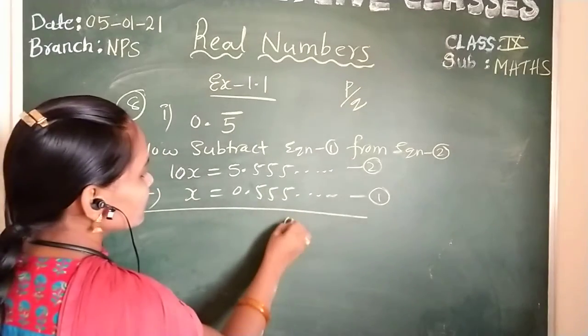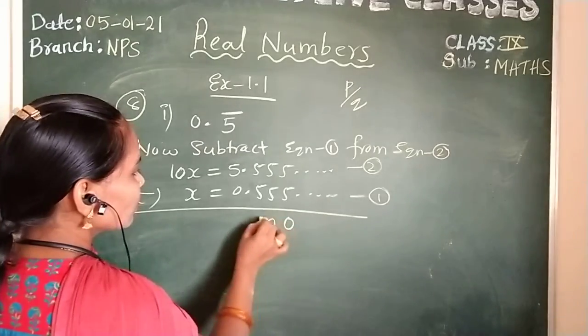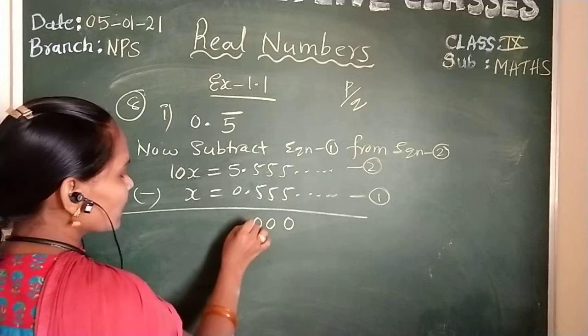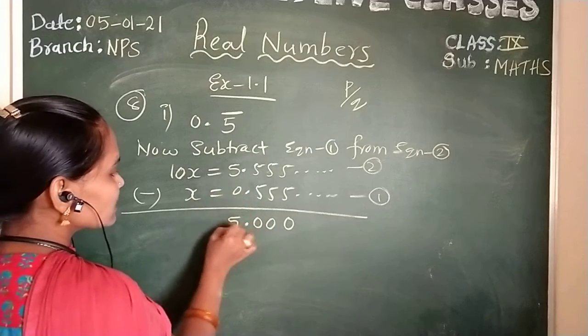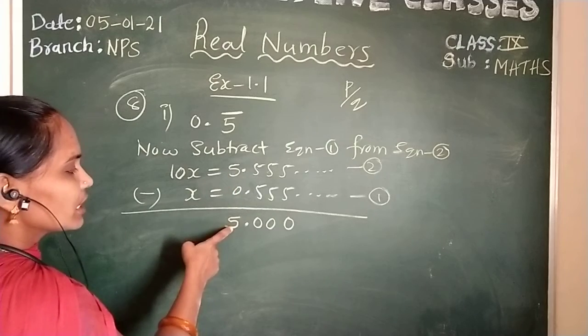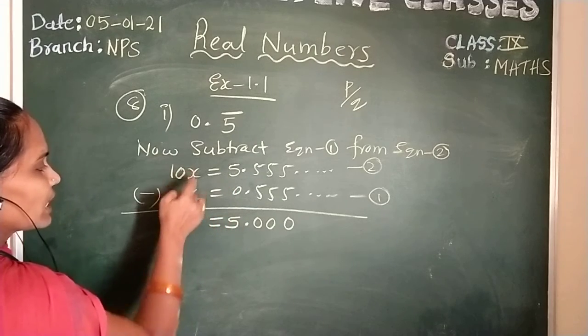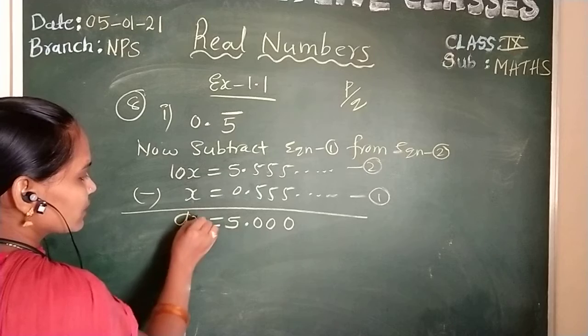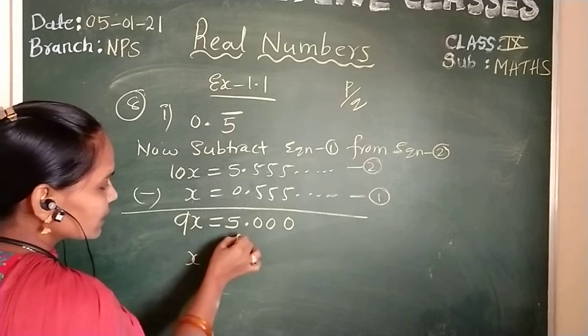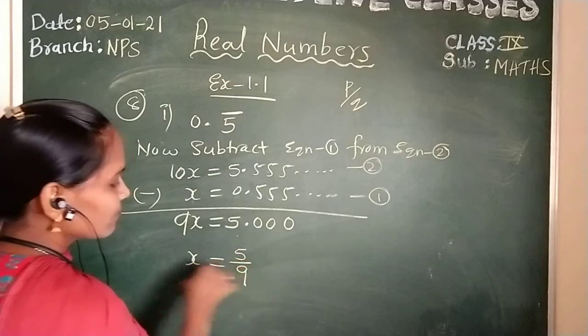If you subtract, only zeros will come. 5 minus 5 is 0, 5 minus 5 is 0, 5 minus 5 is 0. The decimal point, and this 5 is as it is, because if you subtract 0 from 5, you get 5 only. Now 10x minus x, 9x, you will get. Now x equals, take the transpose, so 5 by 9.